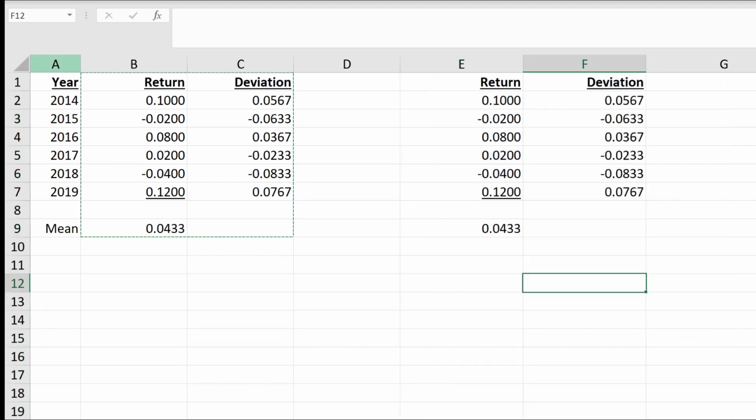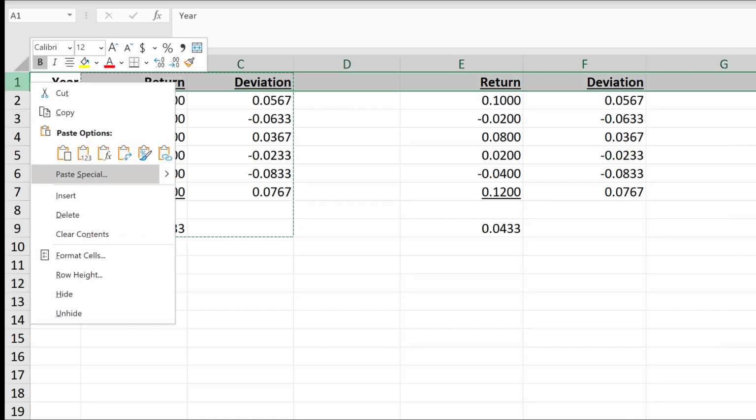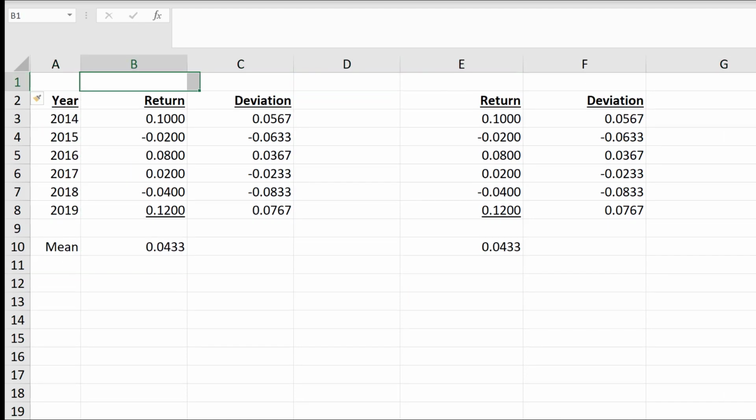Okay, and so nothing's changed. We just repeated the columns. I'm going to label these over here stock A, and these stock A as well. So again, these return series are identical to one another.